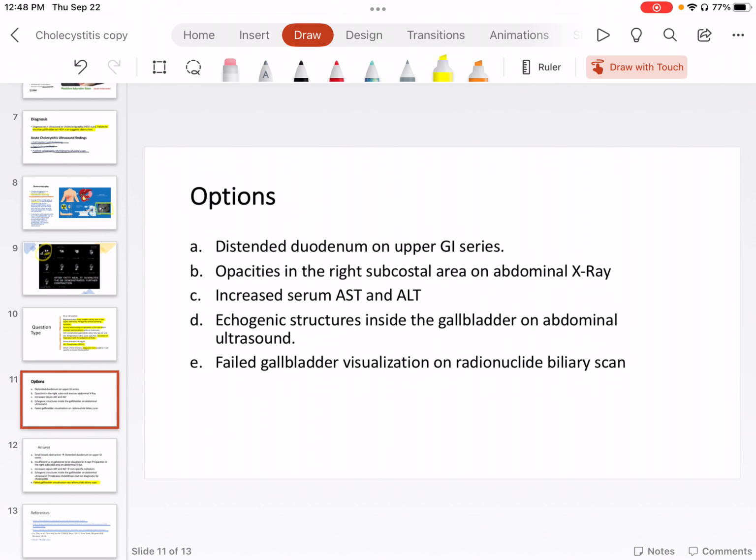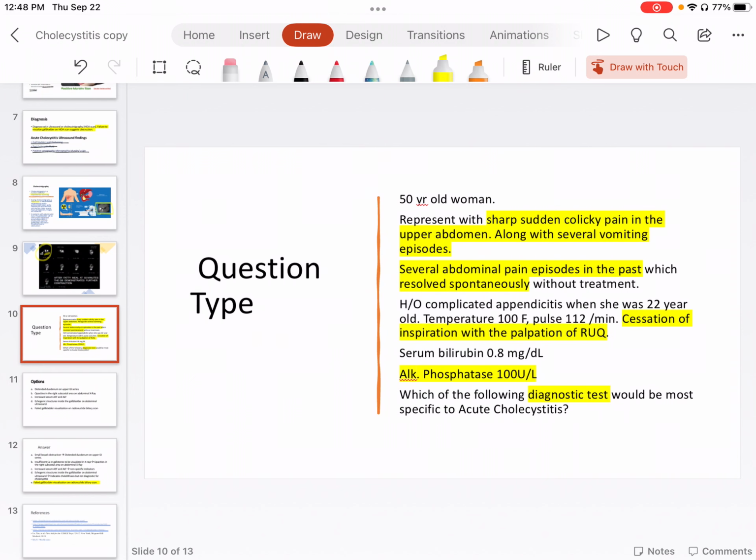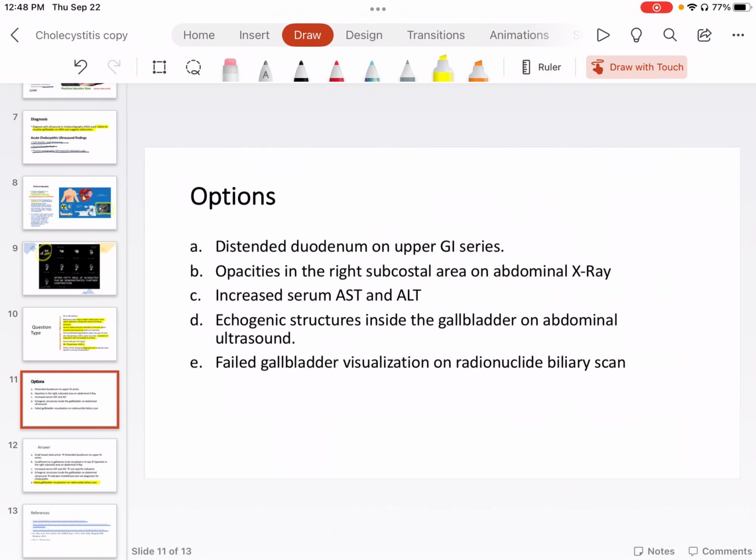Do you think that could be the cause? The question is asking about the diagnostic test. No, we cannot diagnose cholecystitis with a distended duodenum. It means that there is some small bowel obstruction. It is not related to cholecystitis at all.